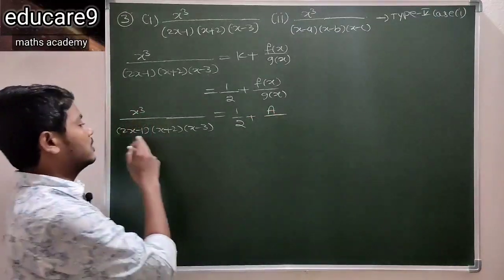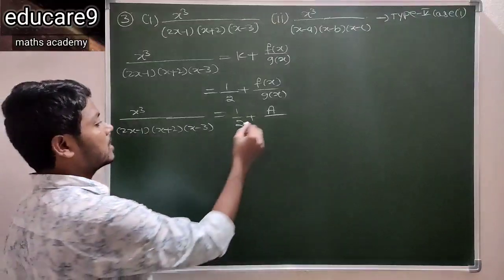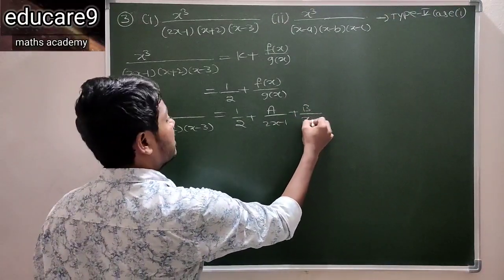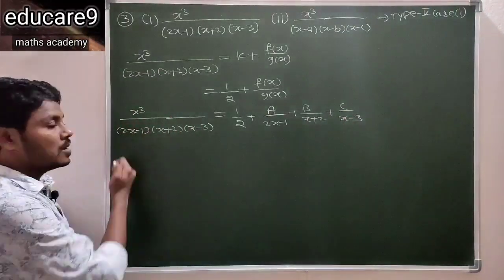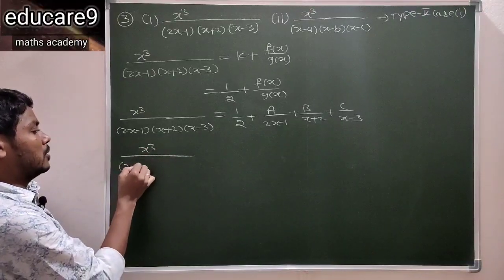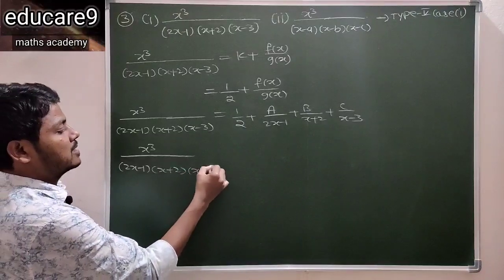A by, so product of linear factors. So clearly type 1, that is a by 2x minus 1 plus b by x plus 2 plus c by x minus 3. So here this is x cube by (2x minus 1)(x plus 2)(x minus 3).